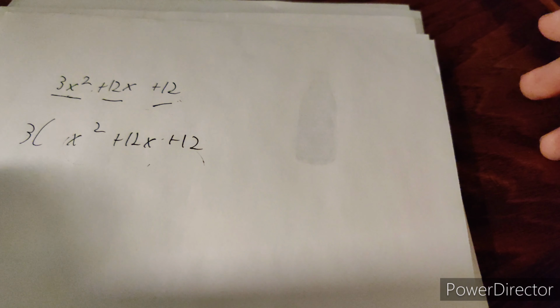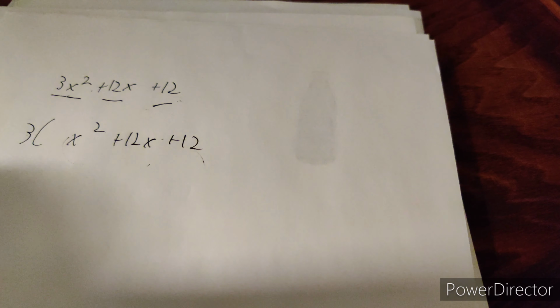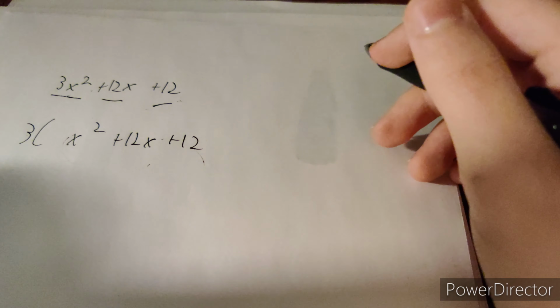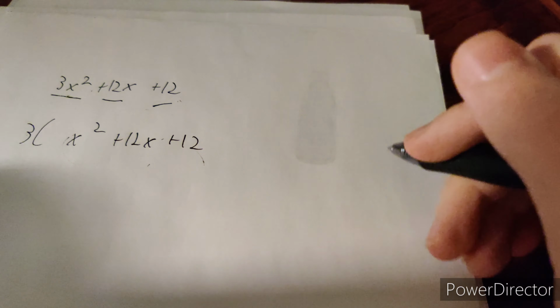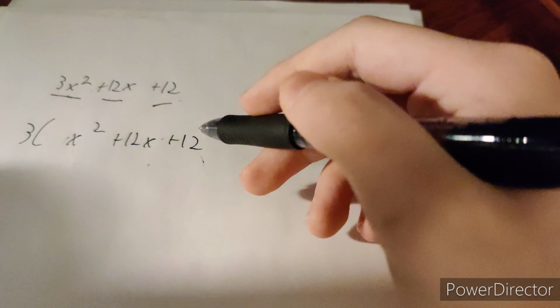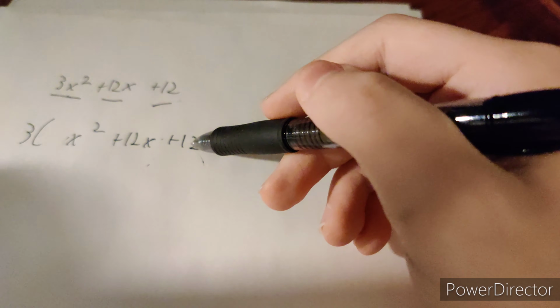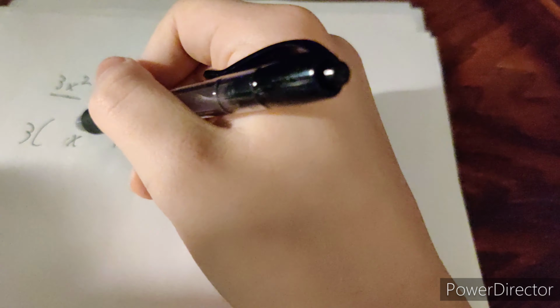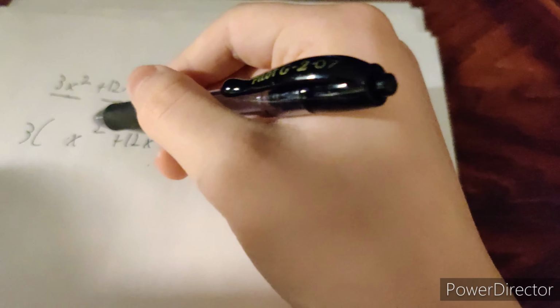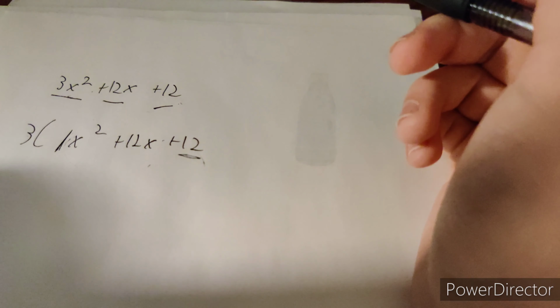But we're not doing quadratics. Just know that quadratics are polynomials that are equal to 0, typically trinomials. What you would do is take the last term and multiply it by the coefficient, the number in front of the first term.